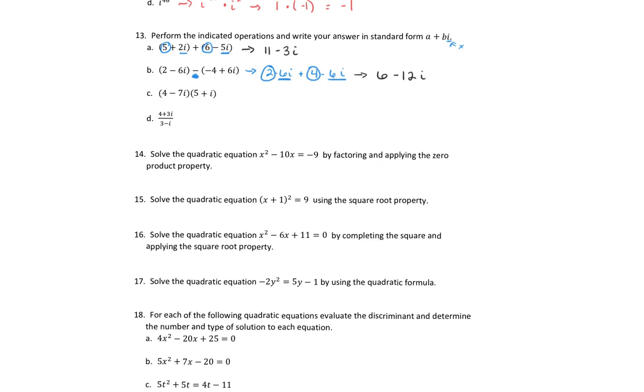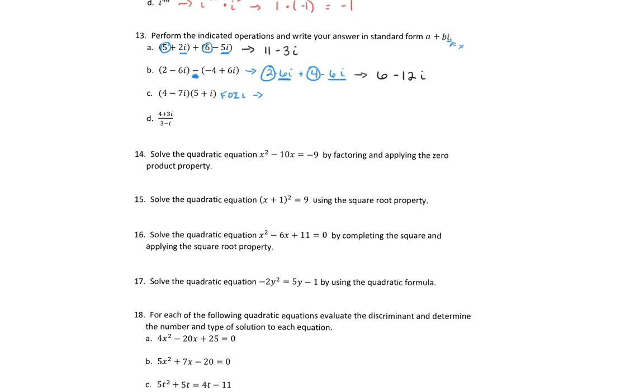So for this next one, we're not adding or subtracting, we are multiplying. And in this case, you would FOIL it, similar to how you would FOIL if you had x's.